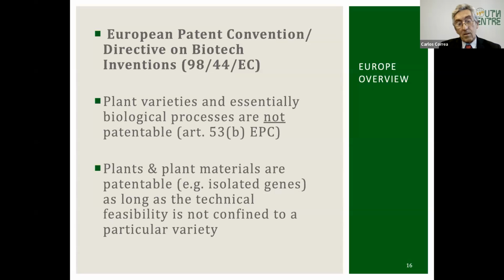So the European law is quite strong in attempting to prevent the patentability as such of plant varieties, but as shown here, it has quite a broad scope for patent protection in relation to plants and plant materials. And this is problematic, as I mentioned before, because on the basis of patenting the latter, you may get indirectly the control of plant varieties. Next one.